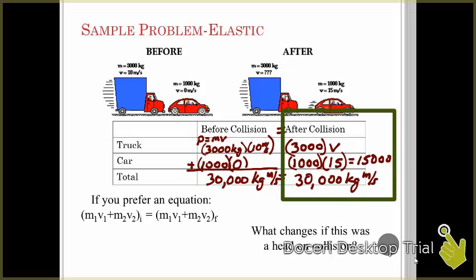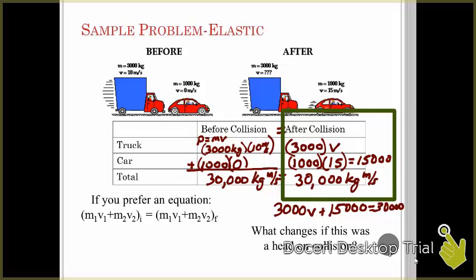To solve for v, I'm going to look at just what's happening after the collision. So the momentum of the truck plus the momentum of the car has to equal 30,000 kilogram meters per second.